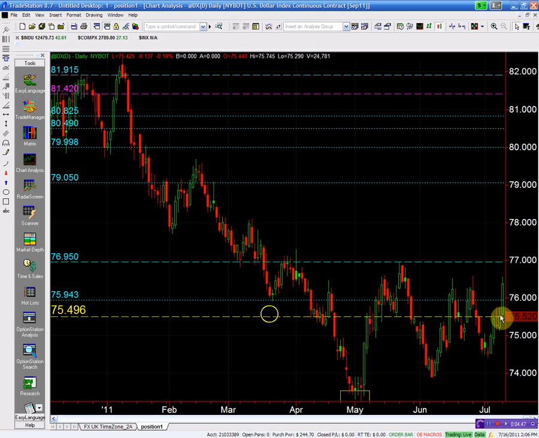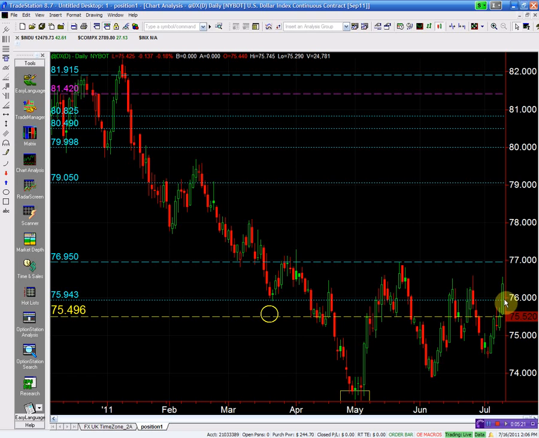This was the close we had, and if it gets above the 75.50, which is the 75.49, then we were expecting a move up to the structure point, which is the 76.